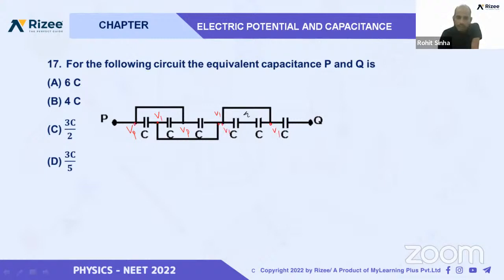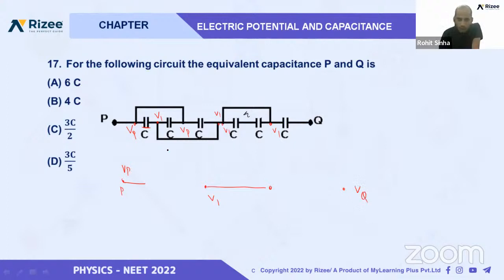From Vp we have connected like this. From P we are connected through one capacitor. Take here V and a point like this V1. Then draw here Vp, here V1, and take the last point as VQ.